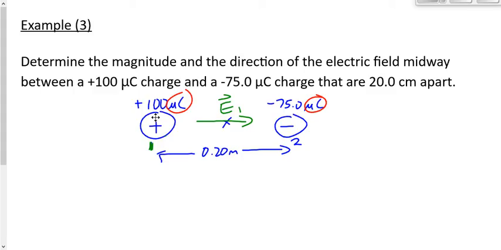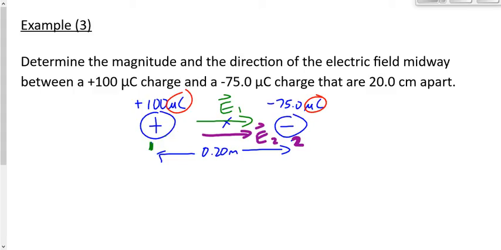Now, what about the negative producer here? Charge 2. Well, the field always points toward a negative. We know the directions. Now we just got to find the values, the magnitudes, and add them up.